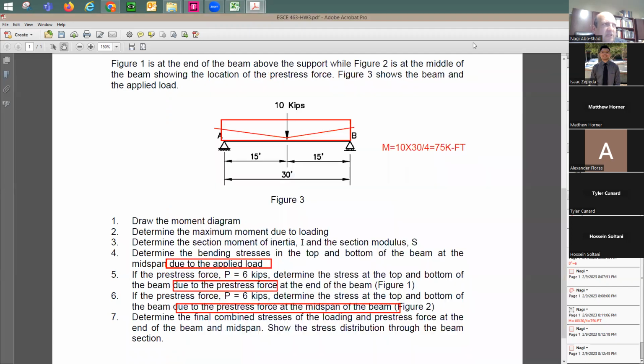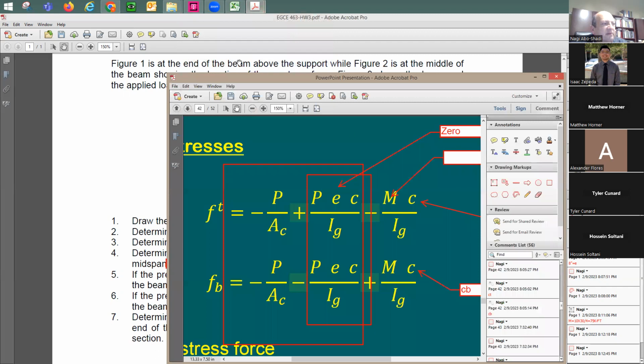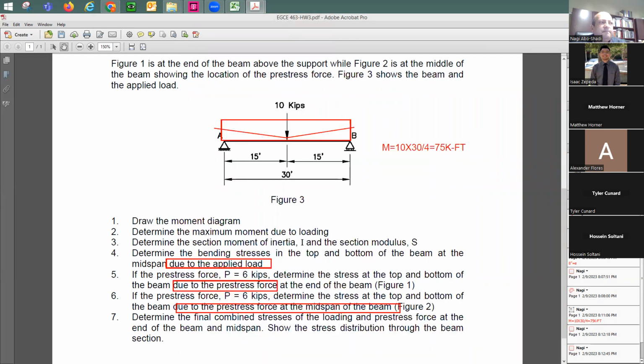These two homeworks are really about the use of this equation, and if you really understand it, you can apply this equation safely. Any questions? No, we're good with these two homeworks.